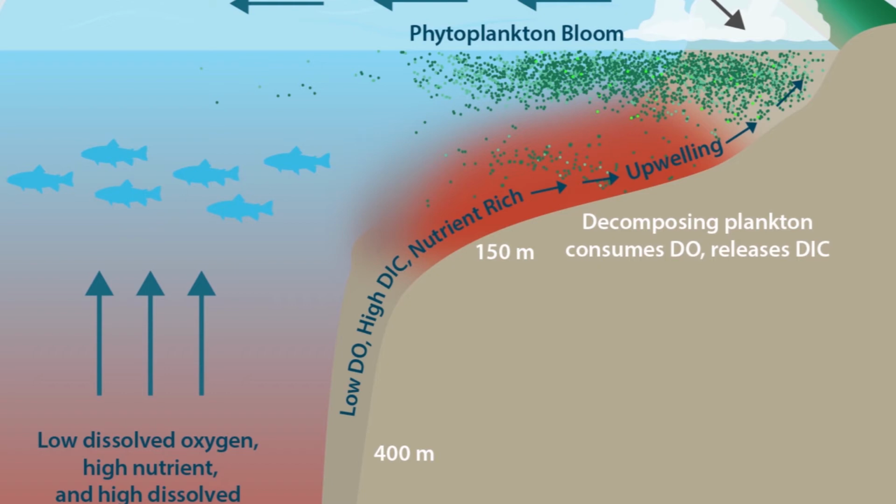So it is really rich in nutrients, and that's why we build fish farms where the upwelling current is. Like the largest fish farm in the world is located at the coastal area of Peru, which is right on top of this upwelling current.